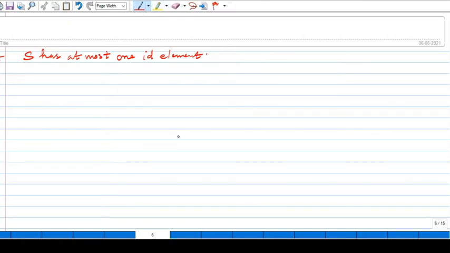That means the semigroup may not have an identity, but if it exists, then it will be the unique one. That is the idea.